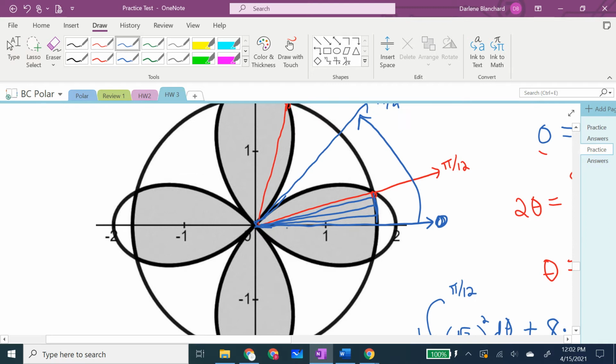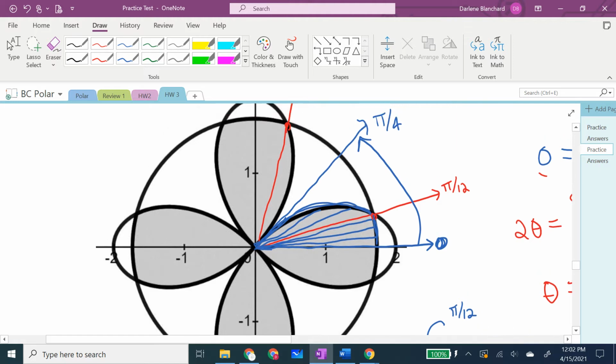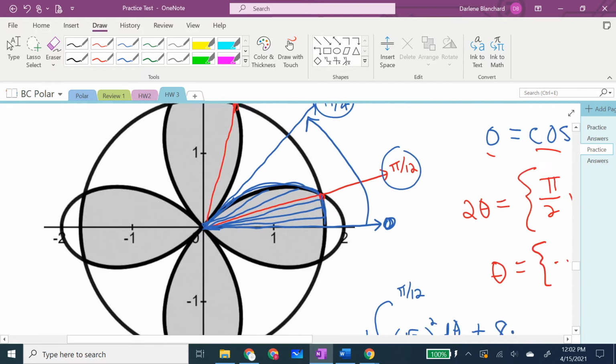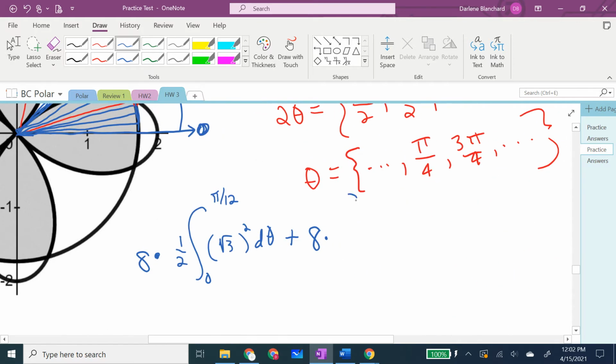But once I cross over pi over 12 and I draw spokes coming out, it switches the function that is closest to the pole. And you need to know that that gets sucked into the pole at pi over 4. So you're going to integrate from pi over 12 to pi over 4.